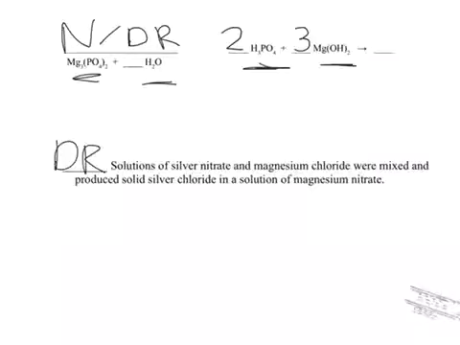Remember that this water is formed when the H from the acid comes together with the OH from the base. So H2O is technically one H and one hydroxide. We can use that information to figure out how much water we need to balance out this reaction.